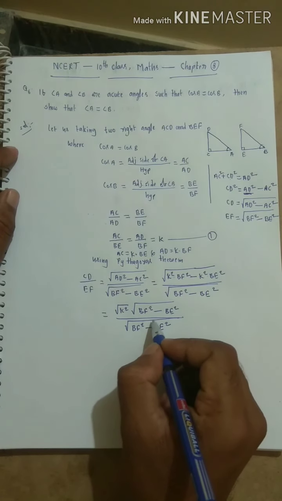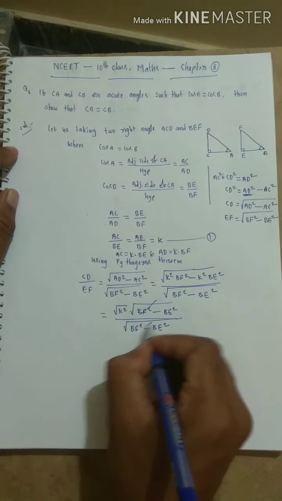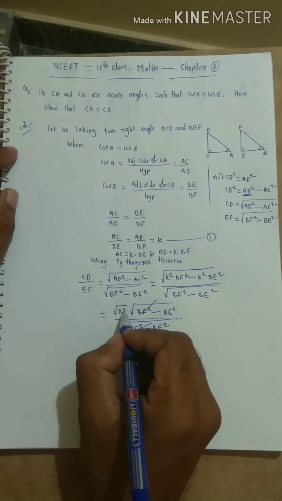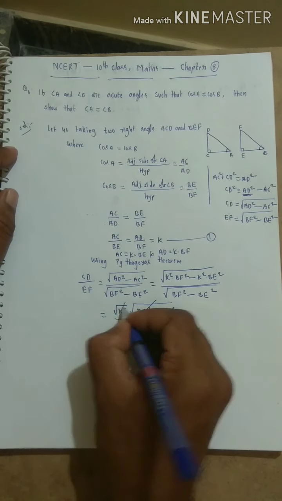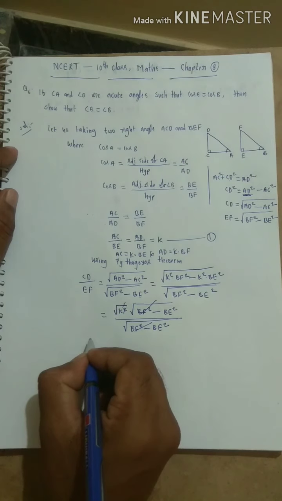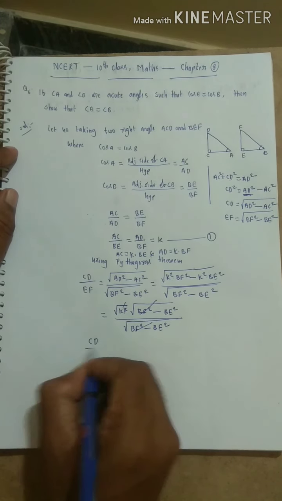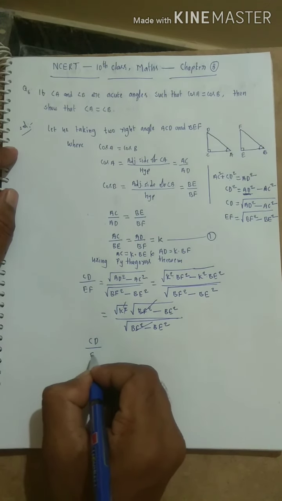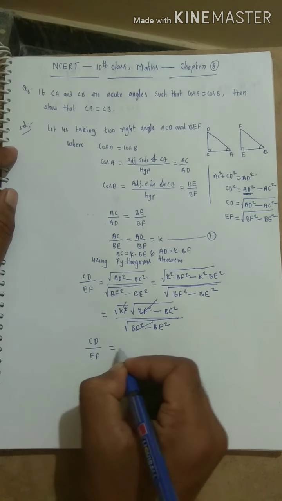Numerator and denominator are the same, so these two terms get cancelled. Finally, the square root of K square, the square root gets cancelled. Finally we write CD upon EF is equal to K.